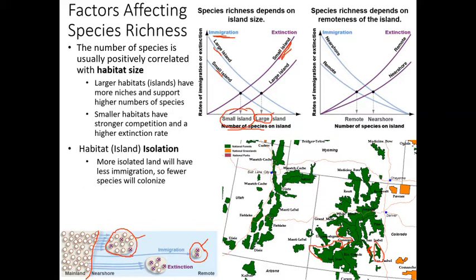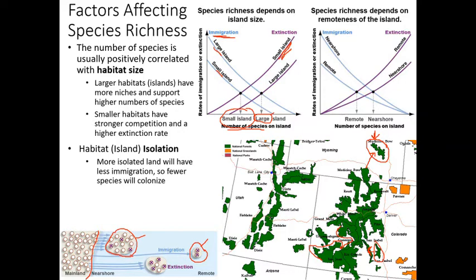However, if you look at a more isolated island, right? So this is a much larger distance, right? There might be roads and trains and houses and all sorts of things in between the mainland and this island, and so in theory this right here would be able to support fewer species because it's just not getting the same amount of immigration.